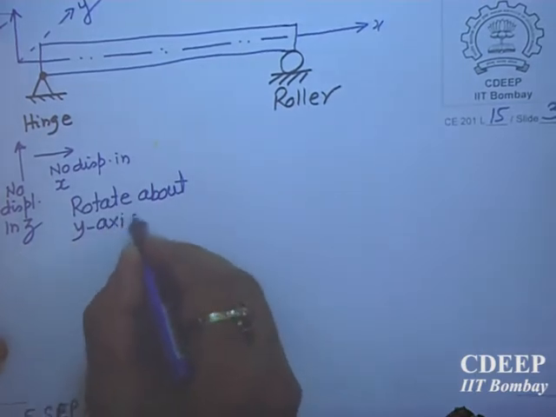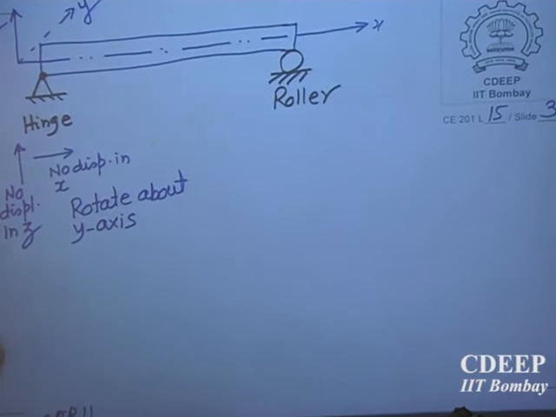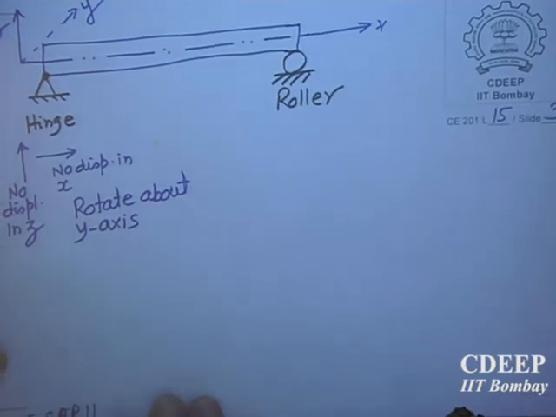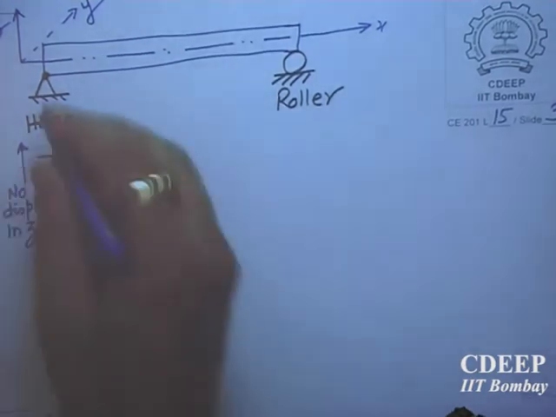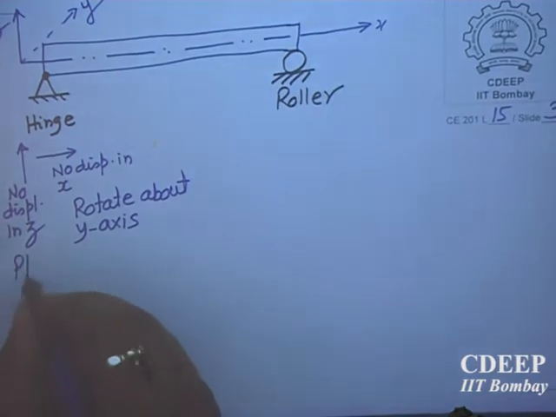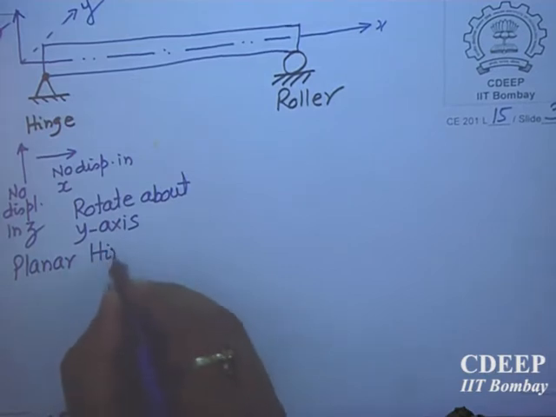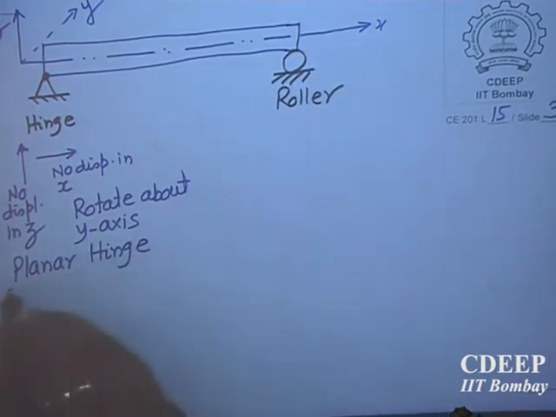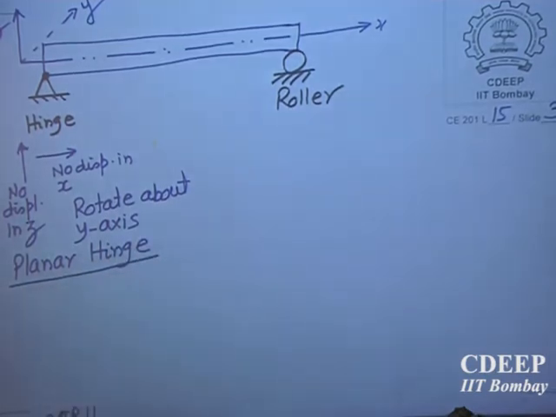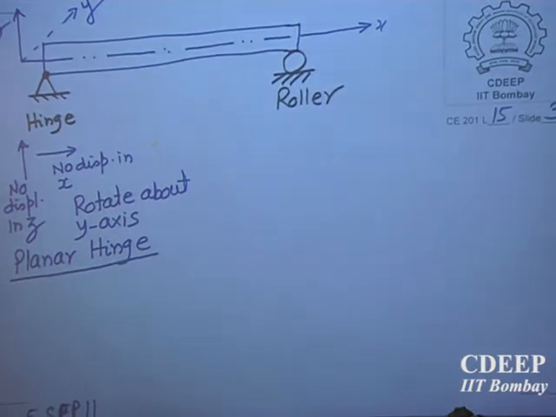Y axis. This is the meaning of a hinge. A simple hinge, or we call it a planar hinge. So this is a planar hinge, H-I-N-G-E, hinge. In the plane XZ, this hinge is there.